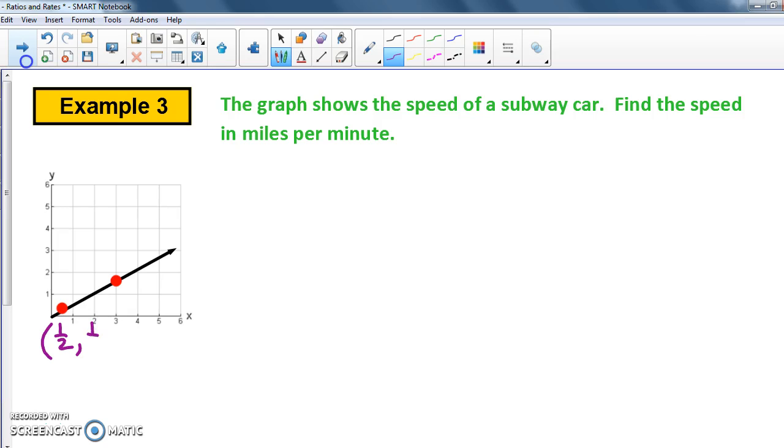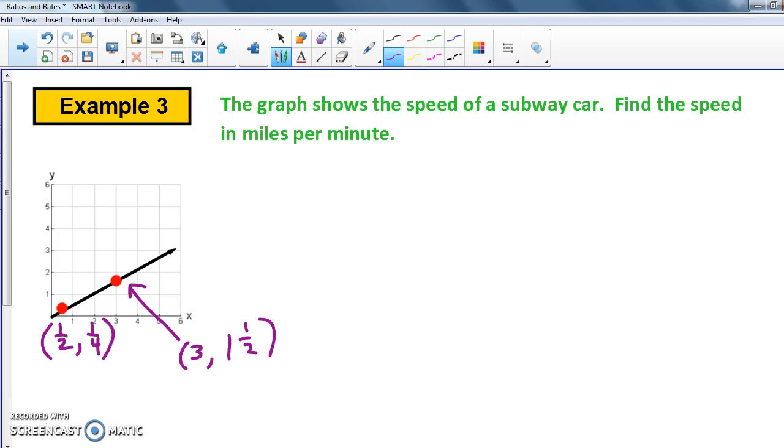And you know you can't really see it, but it's 1/4 up. And then this one is 3 to the right and 1.5 up. So that means that we're representing our data on a graph instead of in a table, okay?